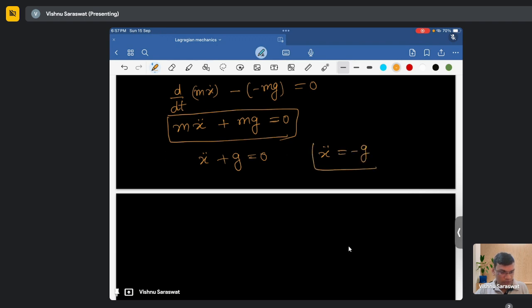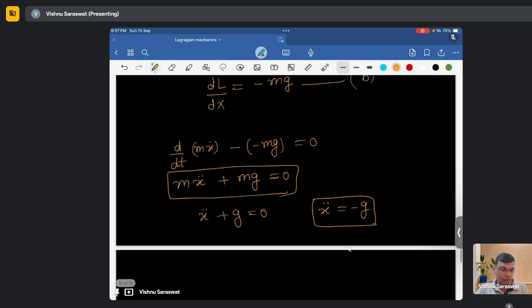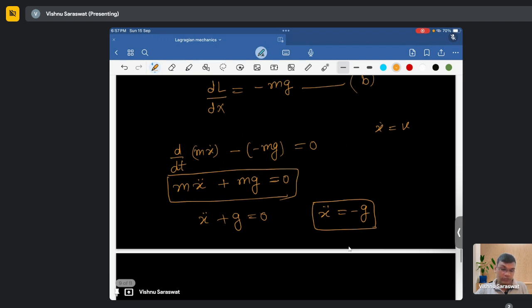Here x double dot represents the acceleration. Actually, I already told you x dot is velocity, and then again we put a dot on x dot, that means x double dot, which represents the time derivative of velocity, which is equal to the acceleration.